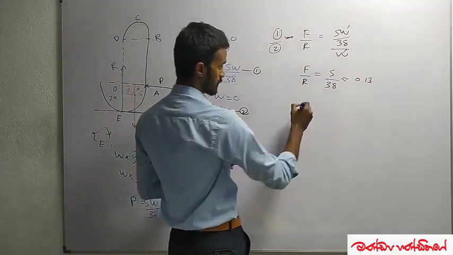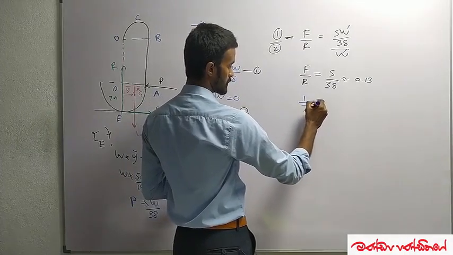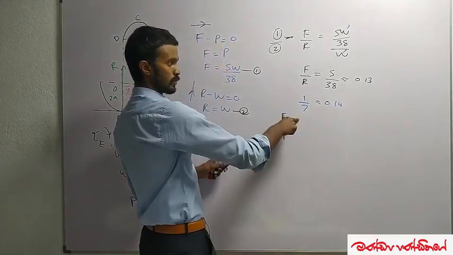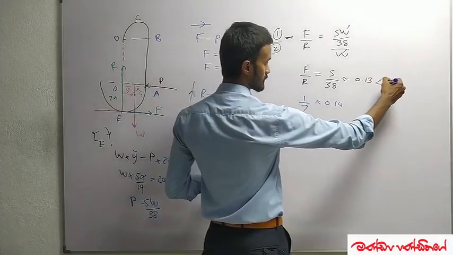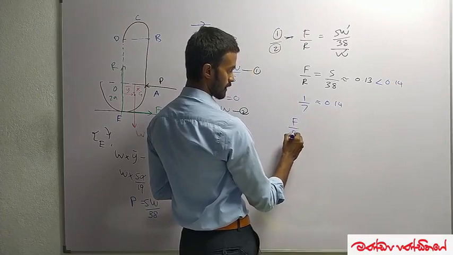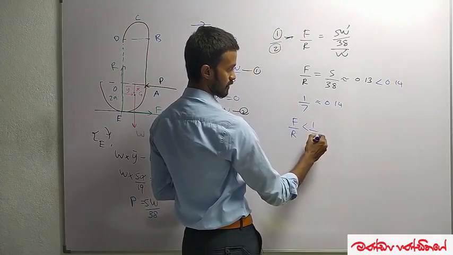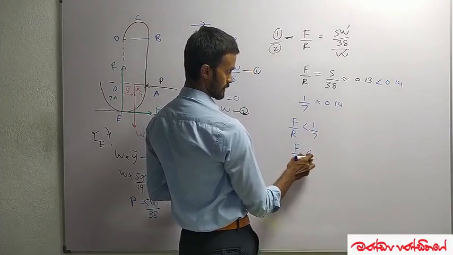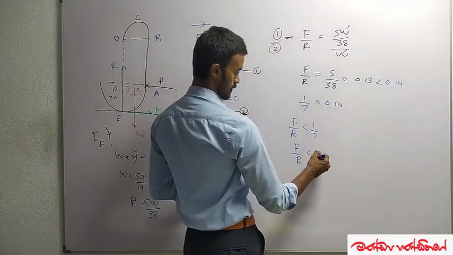But they have given the coefficient of friction as 1 over 7, which is somewhere like 0.14. So 0.13 is less than 0.14, which means F over R is less than 1 over 7. So we have F over R less than mu.